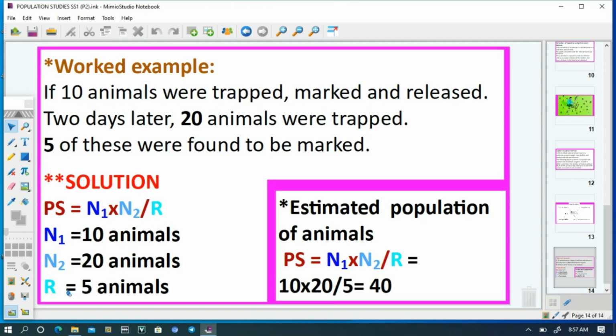While capital letter R represents the number of marked animals among the second capture, and that gives us a total of 5 animals. We now input into the Lincoln formula, and that will give us 10 times 20 divided by 5, and we now derive an estimate of 40 animals.